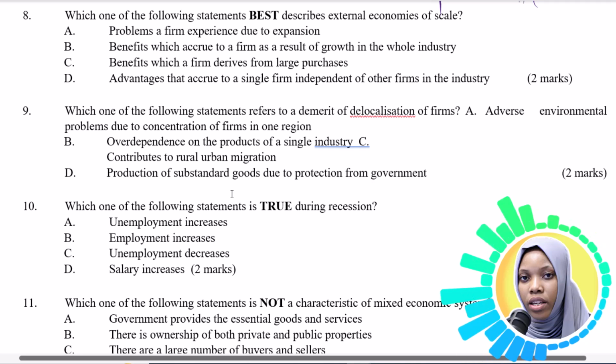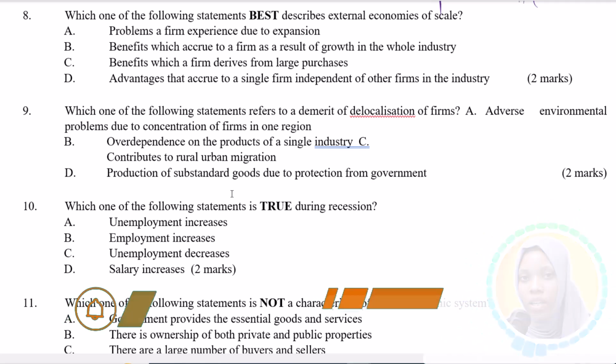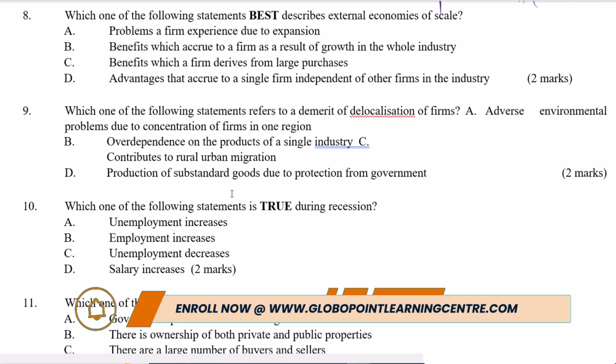We move to question number 8, which reads, which one of the following statements best describes external economies of scale? Choice A, problems a firm experiences due to expansion.